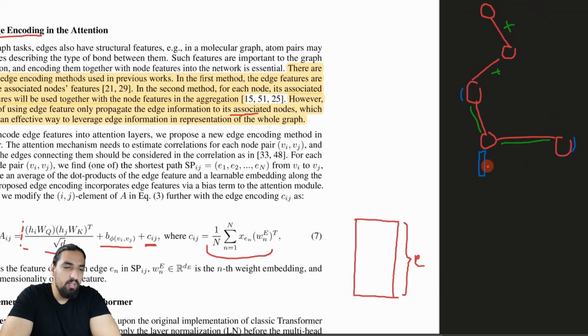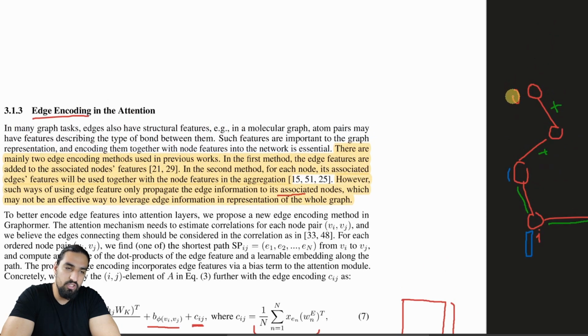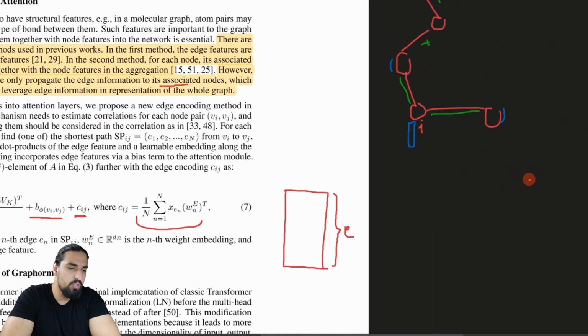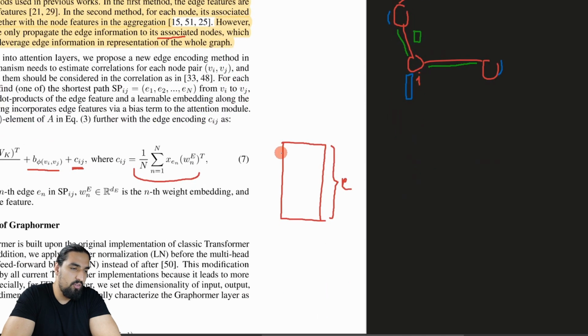So let's assume we're finding an attention score between I and J. So if this is I, and if this node here is J, what we'll do is the following. We'll have some feature vectors which are associated with these edges, right? So we'll have this and this and this. We'll take the first edge, so we'll have edges here.